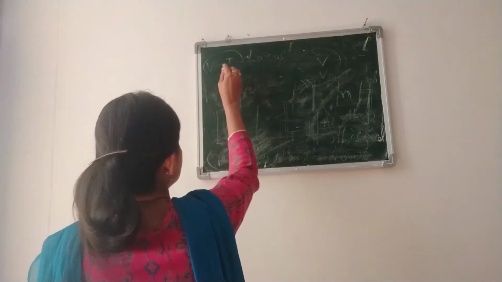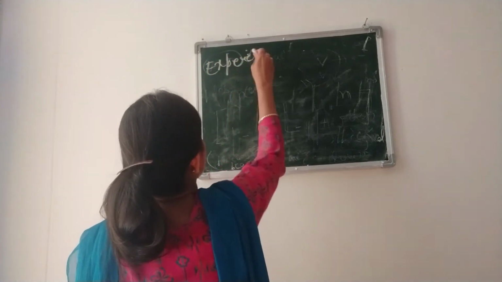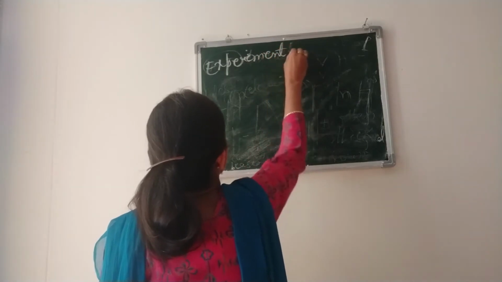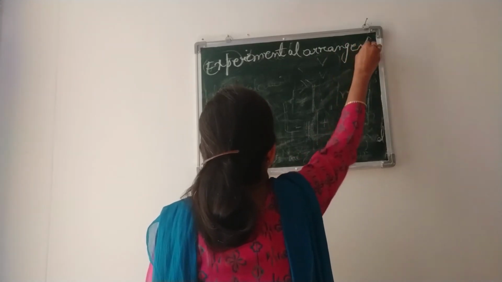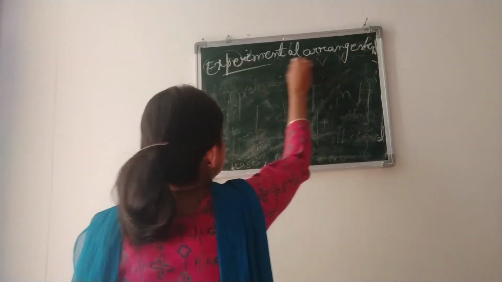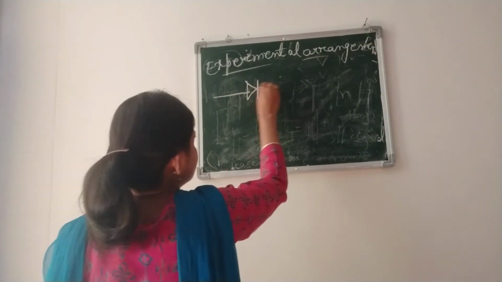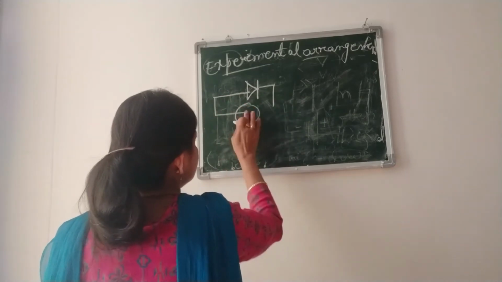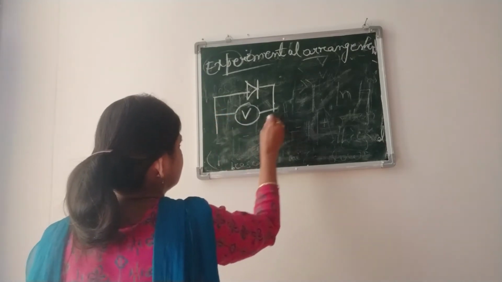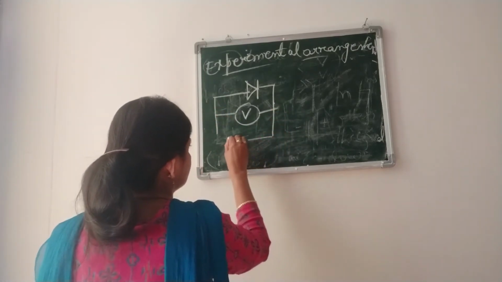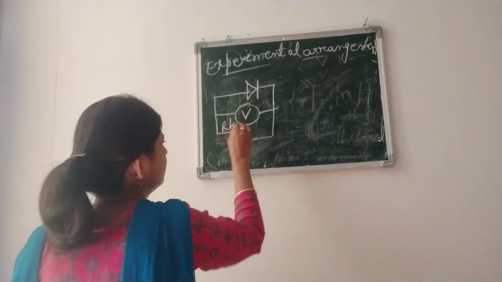So first we draw the experimental arrangement. This is our PN junction diode. This is connected with a voltmeter, which is also connected with a rheostat.